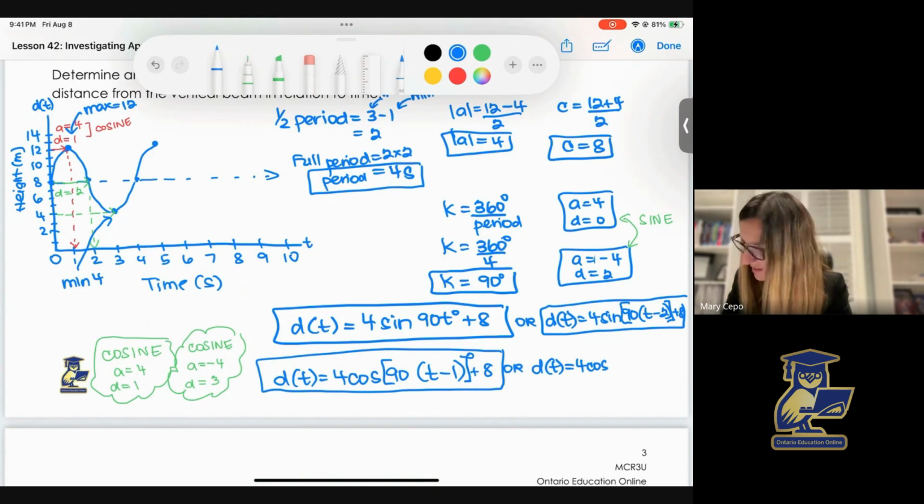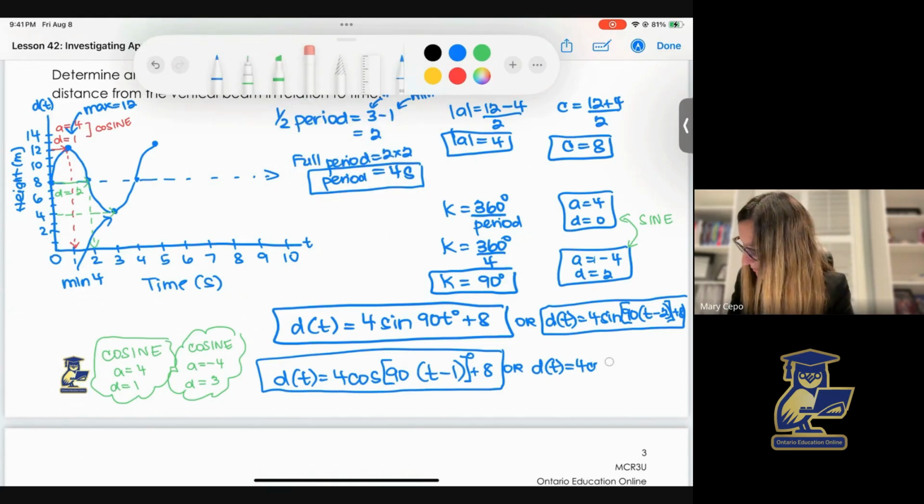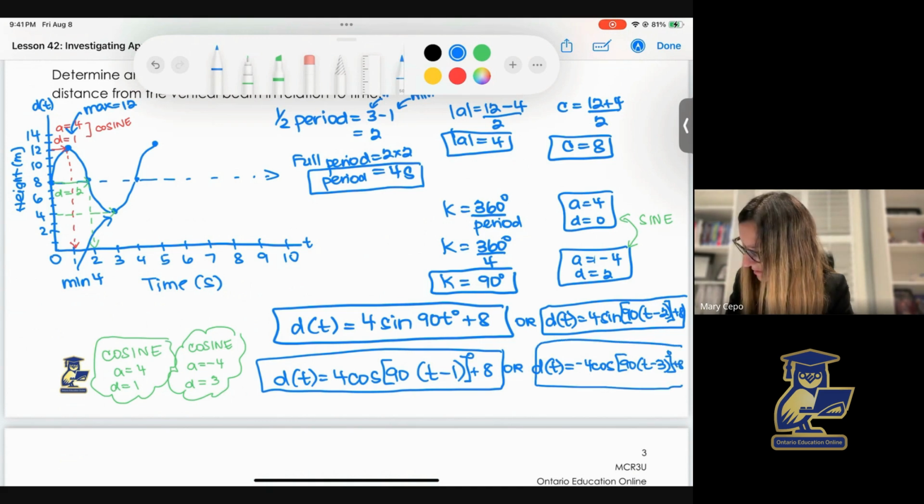So if it's -4, -4 cos 90 times T minus 3, plus 8. I'm not sure why I put degrees there.